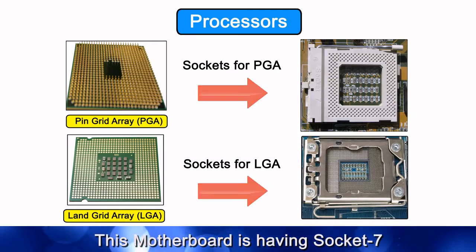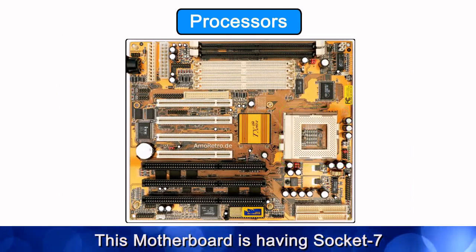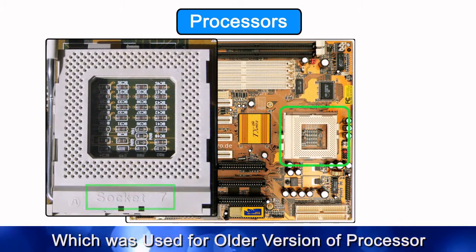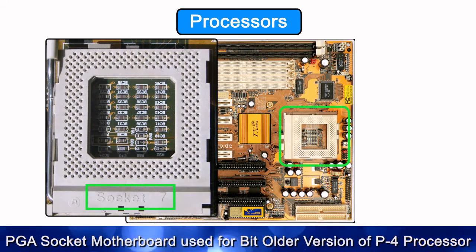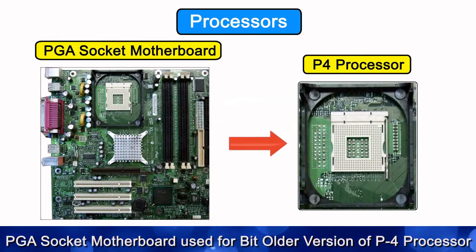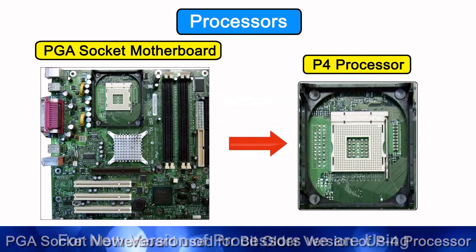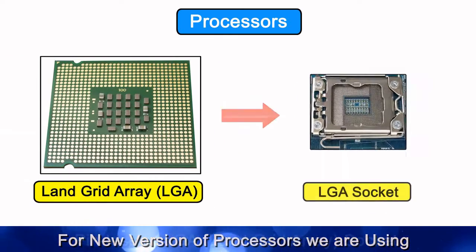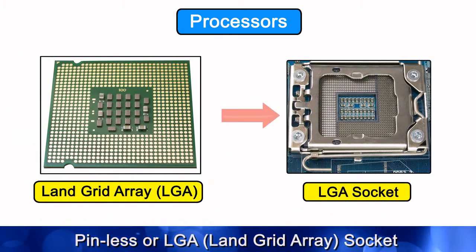As you can see, this motherboard is having socket 7, which was used for older version of processor. This is a PGA socket motherboard used for bit older version of processor like P4, and for new version of processors, we are using pinless or LGA Land Grid Array socket.